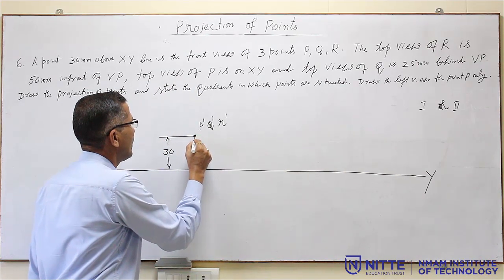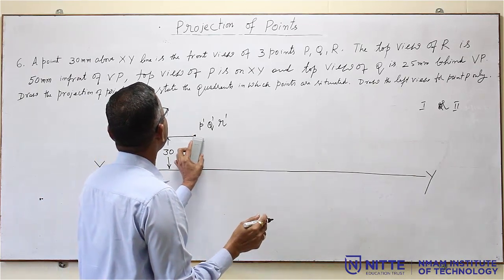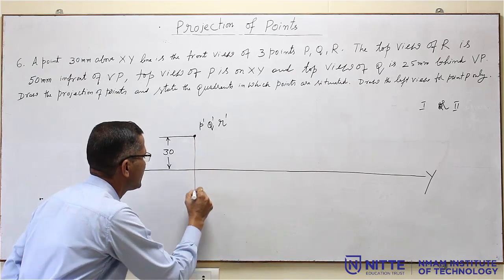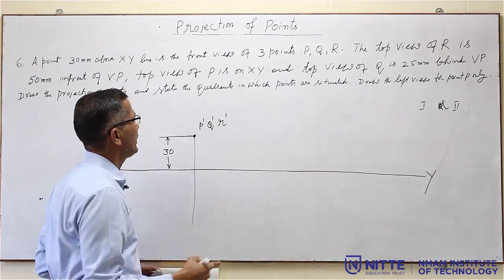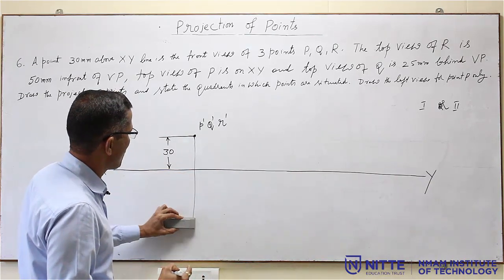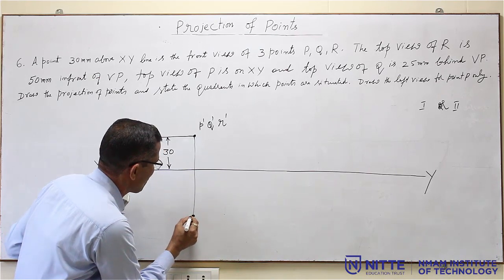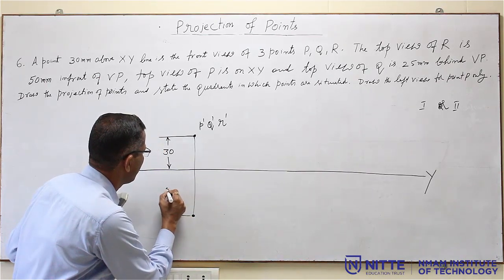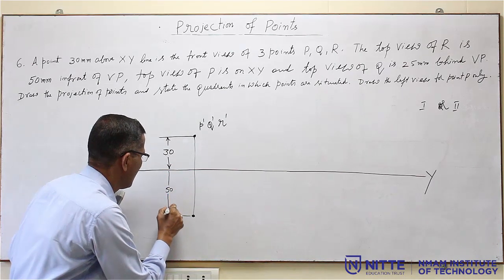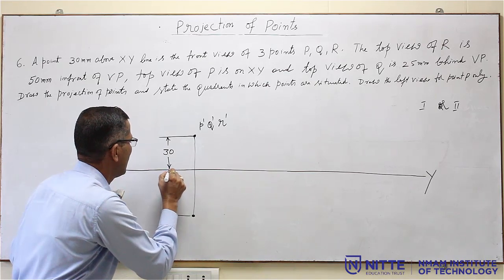Then you draw a light line using a 2H pencil, you drop a vertical line, always a light line perpendicular to the xy line, and from xy line you measure a distance of 50 mm here and mark the point. So, this distance is 50 mm, dimension this and give the name.